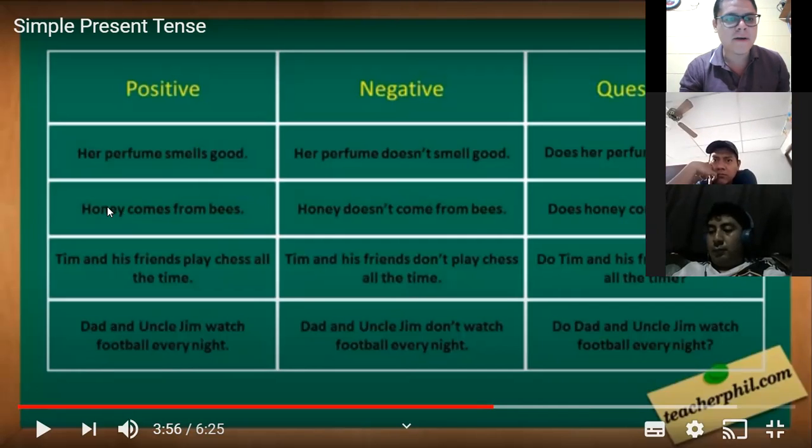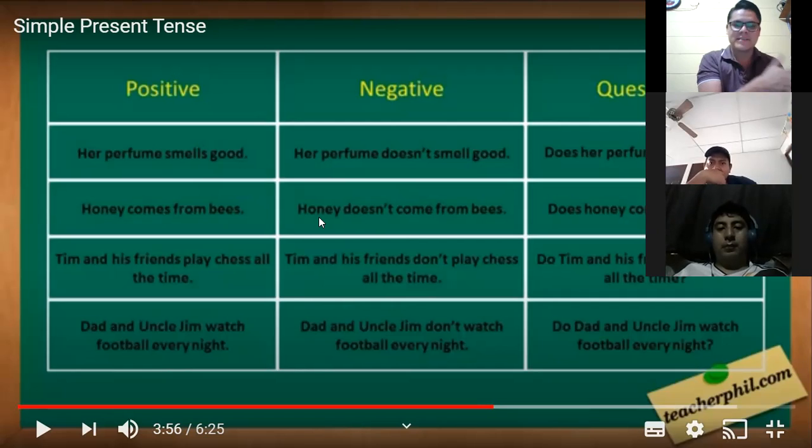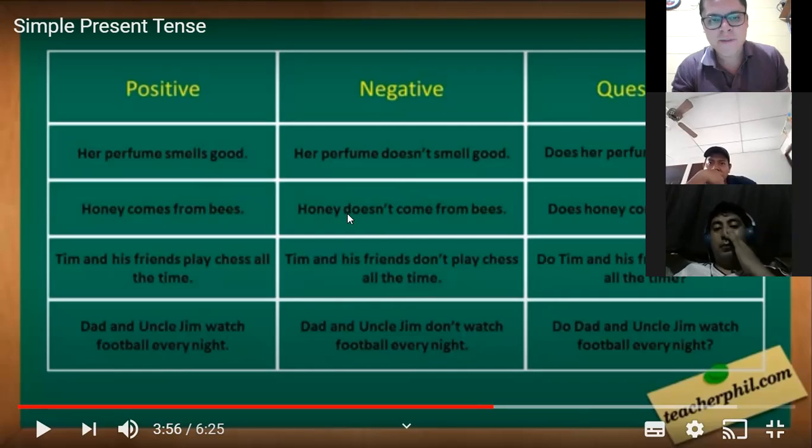Again, what is the subject pronoun for honey? It or they? It. So that's why you add the letter S to the verb. Honey comes from bees. Negative: honey doesn't come from bees. Why doesn't? Because you have it. Questions: does honey come from bees?